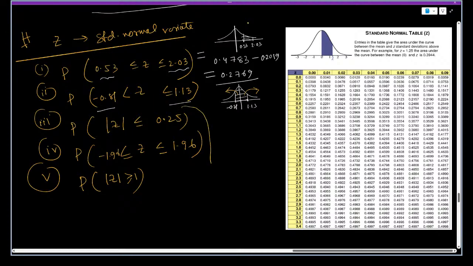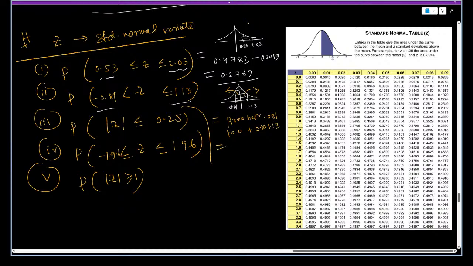So let us write the statement here. This is equal to the area between minus 0.81 to 0, plus the area between 0 to 1.13.